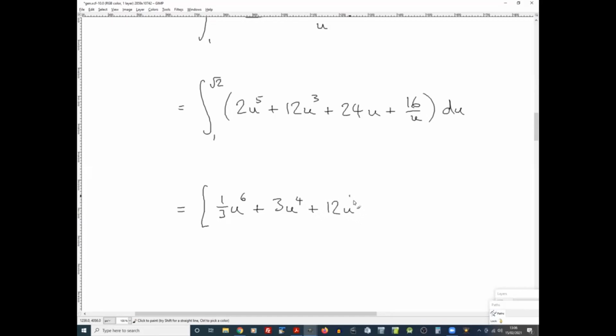Good. Plus ln 16, that came out wrong, 16 ln of u. Yes.